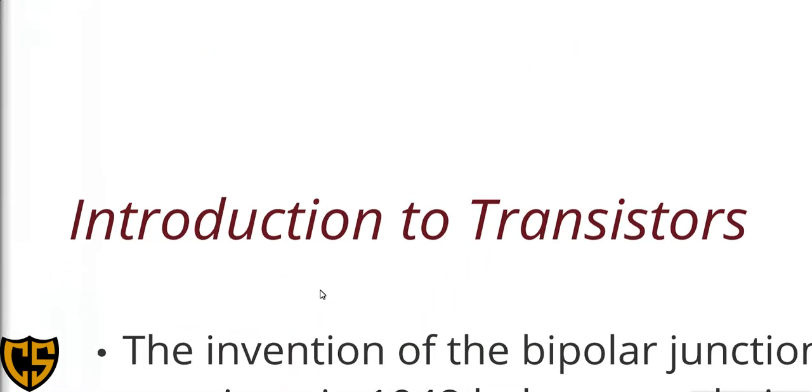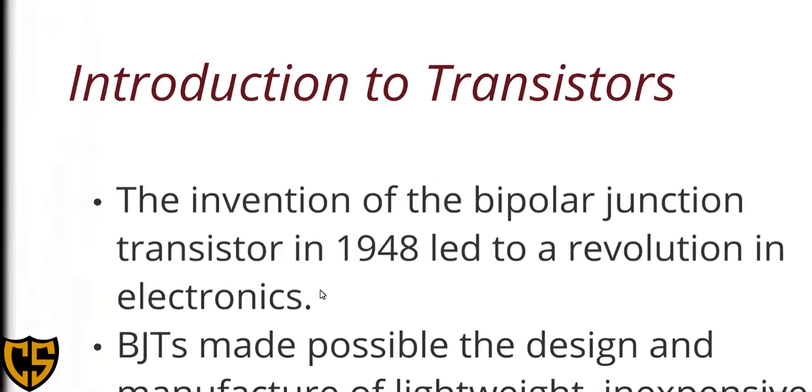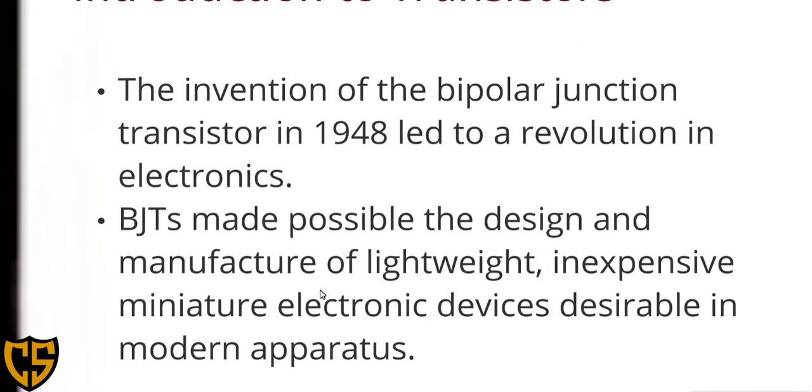The invention of the BJT in 1948 led to a revolution in electronics. BJTs made possible the design and manufacture of lightweight, inexpensive, miniature electronic devices desirable in modern apparatus. One of the best contributions of the discovery of junction transistors is miniaturization.